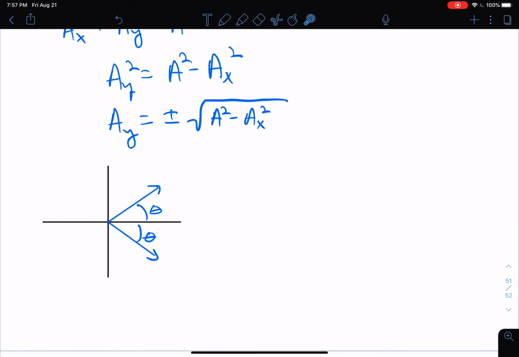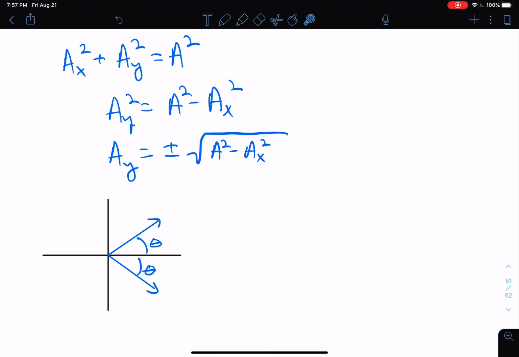So in my case, for the positive y component, I would just find this angle theta using the arctangent, and then that would be my answer. But for the negative, okay, it's negative. How am I going to get that?